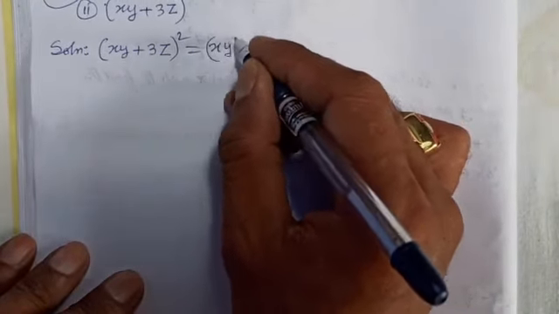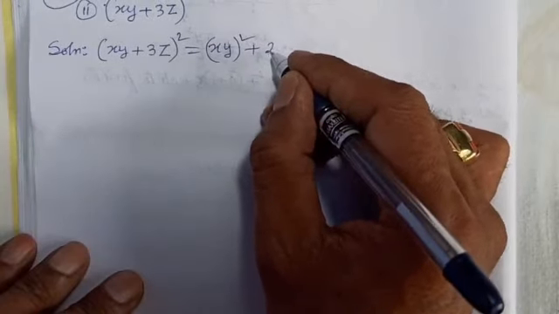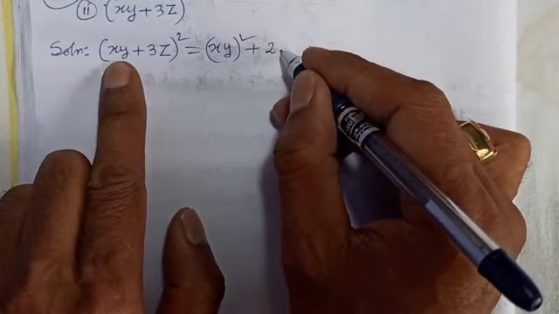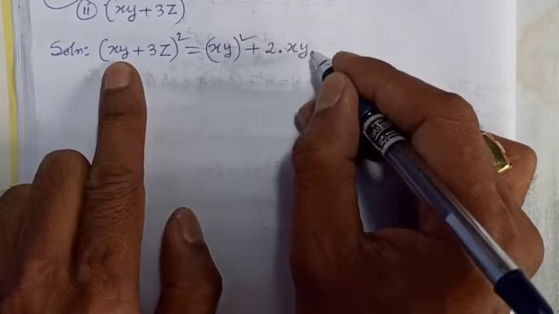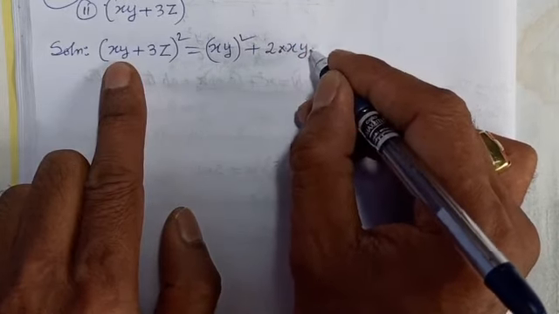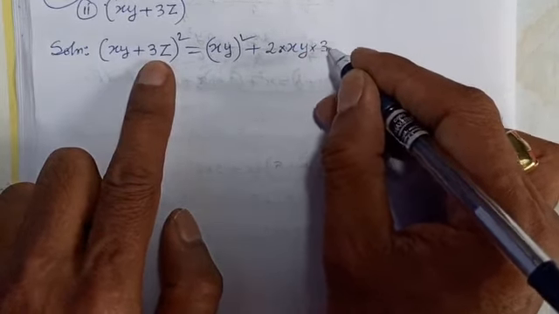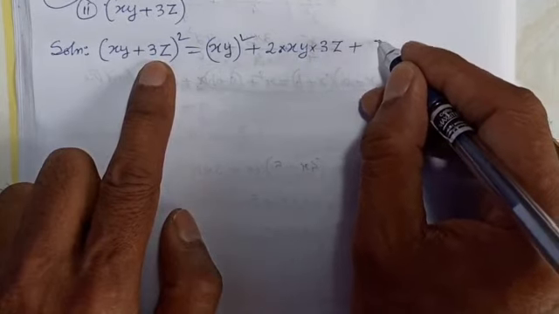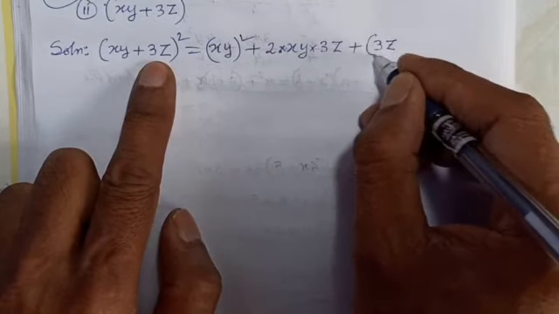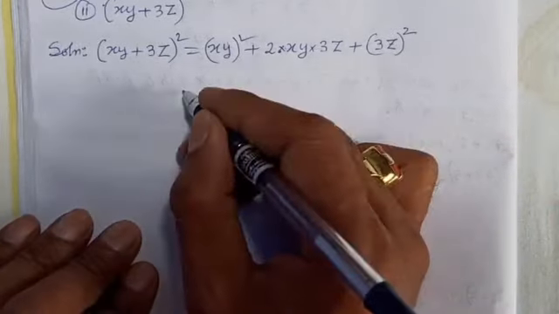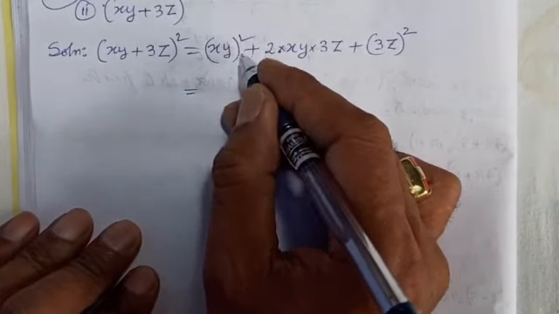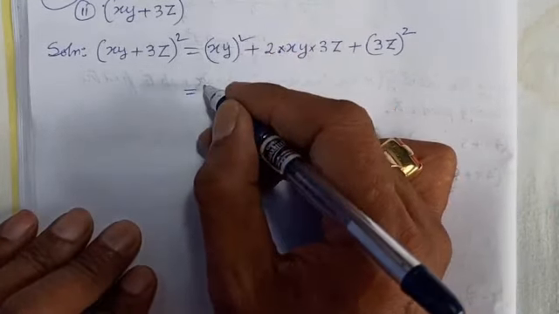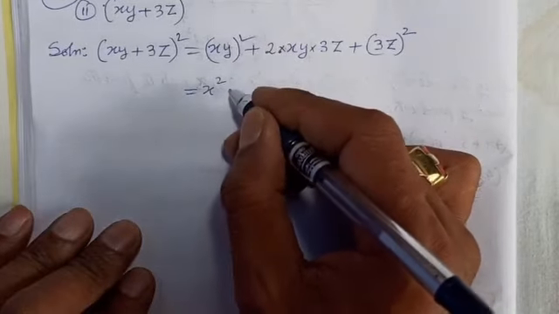So xy whole square plus 2 times of, we'll write this xy, after that 3z, plus 3z whole square. Then if we leave this bracket, this part 2 we have to keep on x also, and this part 2 we have to keep on y also.